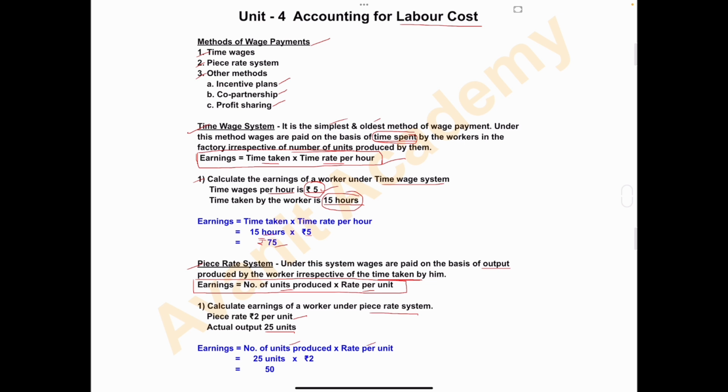Number of units produced, that is 25 units into rate per unit. Piece rate means rate per unit is rupees 2. 25 into 2, rupees 50. Okay, the total earnings of a worker under piece rate system is rupees 50.